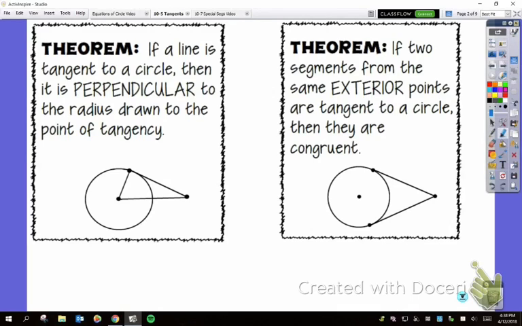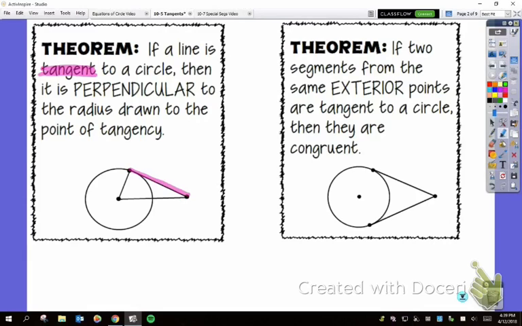Okay, so the first thing that we have to look at here is our tangent line. If you remember, our tangent line is a line that intersects the circle at exactly one point. So on this circle, our tangent line would be this line right here, that's on the outside of the circle. Now, our radius, remember, starts from the center and goes to the outside of the circle.